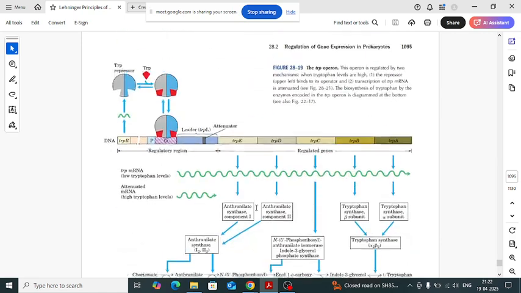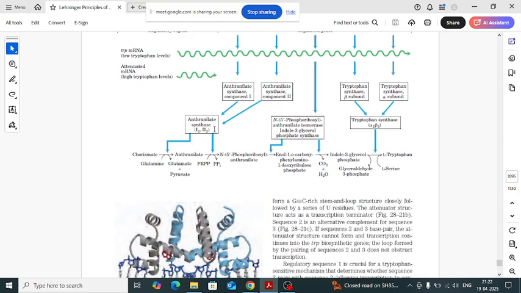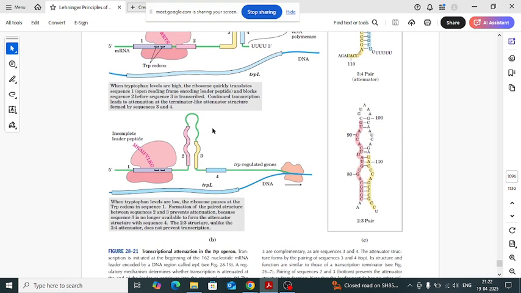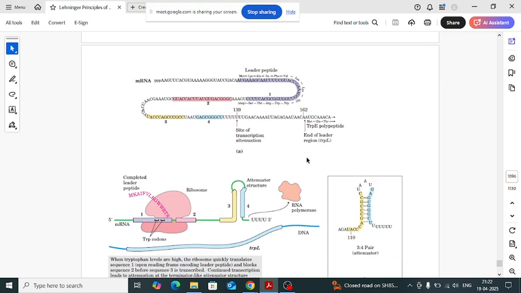So in the trp operon system, you can see the trp leader, which is a leader sequence. It has an attenuator region, right? So it will attenuate the transcription process, right? So now we will see how this attenuator sequence in the leader trpL works. So this is your mRNA, which is actually the corresponding mature mRNA for the leader peptide, right?